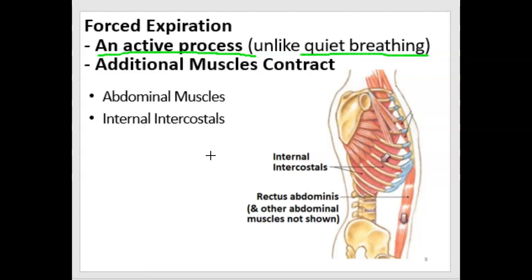But there are some additional muscles that we can contract to force air out even more. And those are the abdominal muscles, specifically the rectus abdominis, and another layer of intercostal muscles called the internal intercostals, which kind of bring the ribs closer together. So that helps force air out of the lungs when these two muscles contract.